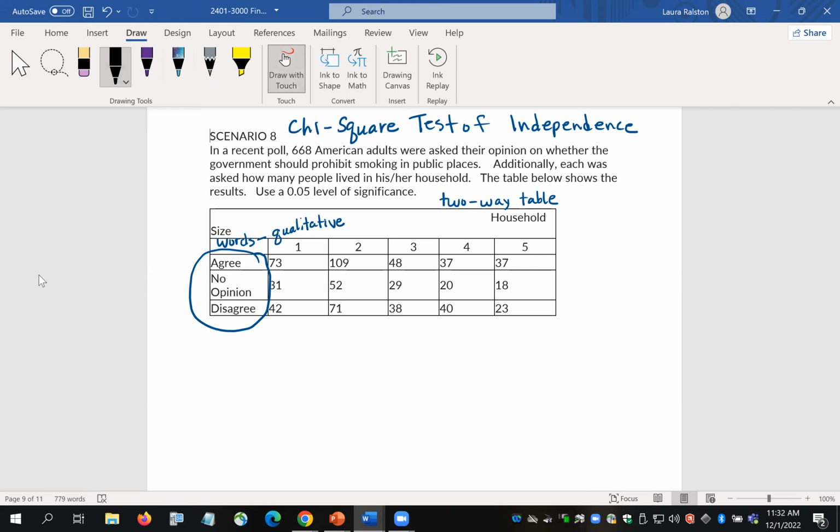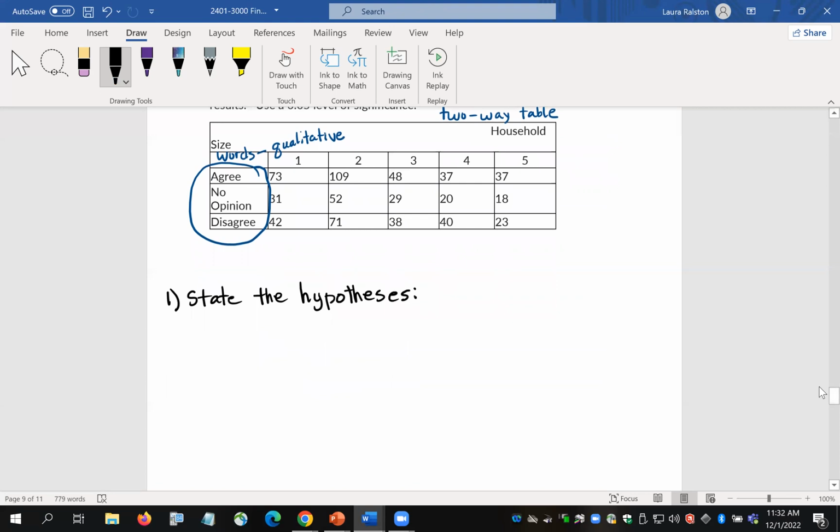So question one, as always, is to state the hypotheses. Now, the hypotheses for a chi-square test of independence are pretty much stated the same way. What changes is your variables.